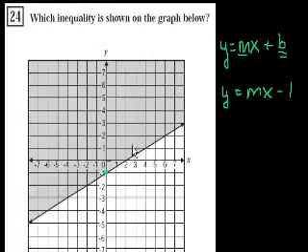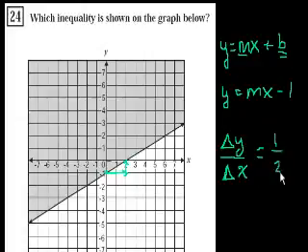And the slope is just change in y for a given change in x, right? So when I increase x by 2, I increase y by 1. So change in y is 1 when the change in x is 2.